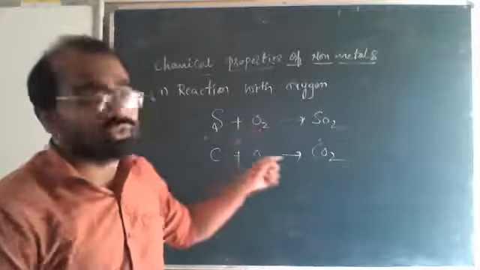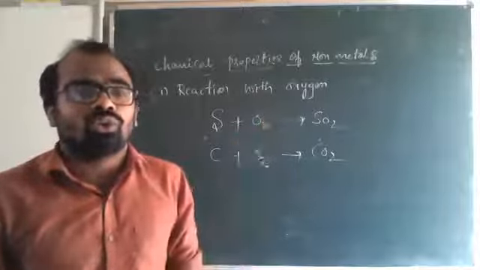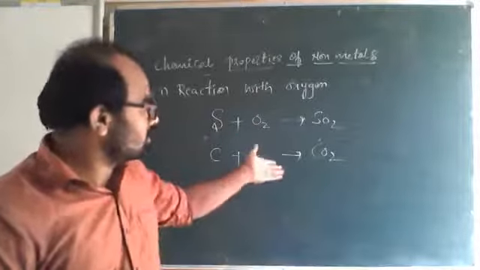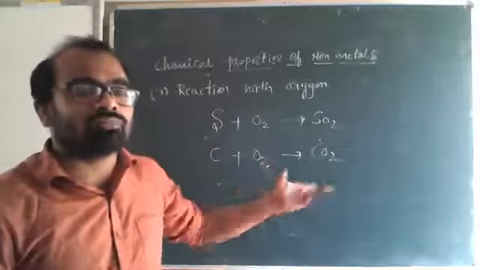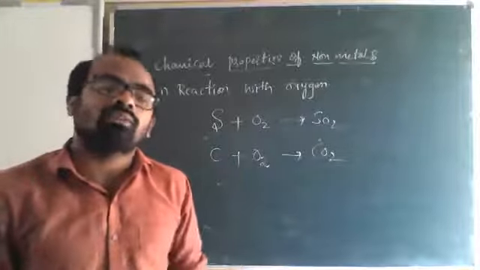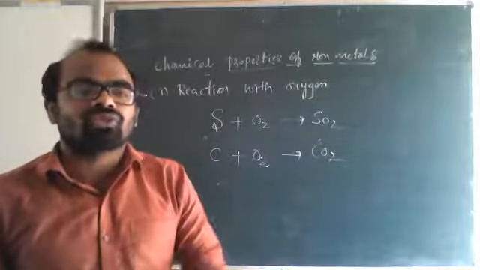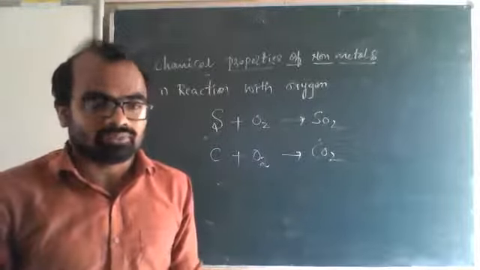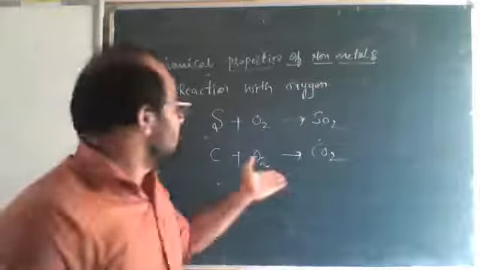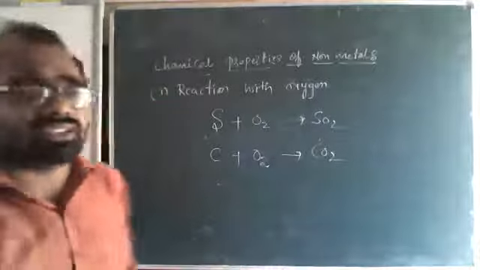When these solutions are tested with litmus paper, acidic ones convert blue litmus to red litmus. Metallic oxides convert red litmus to blue litmus. That means metallic oxides are basic in nature, but non-metallic oxides are acidic in nature.